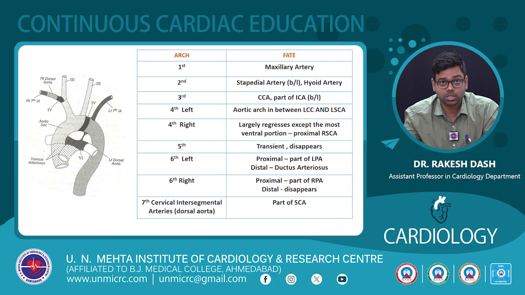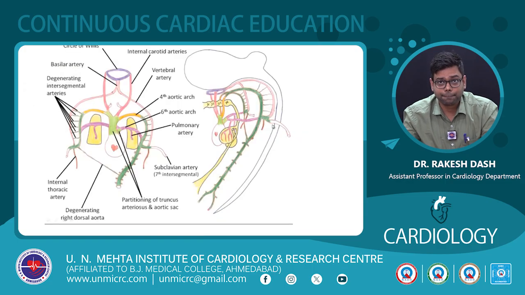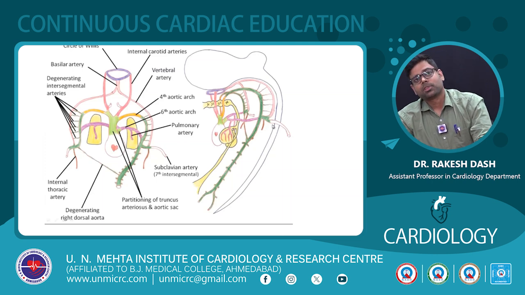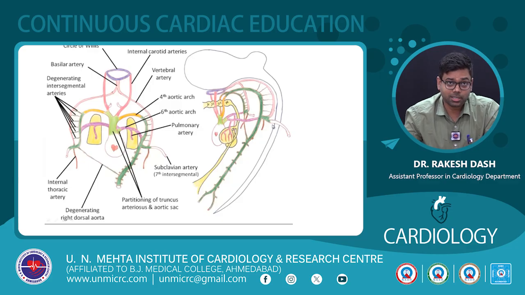So coming to the structures, ascending aorta is formed from the left aortic sac up to the left common carotid artery, and the right aortic sac forms the right brachiocephalic artery.